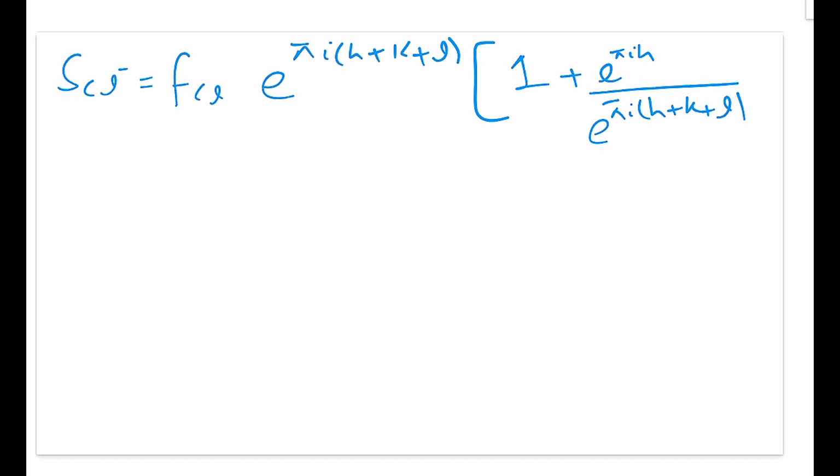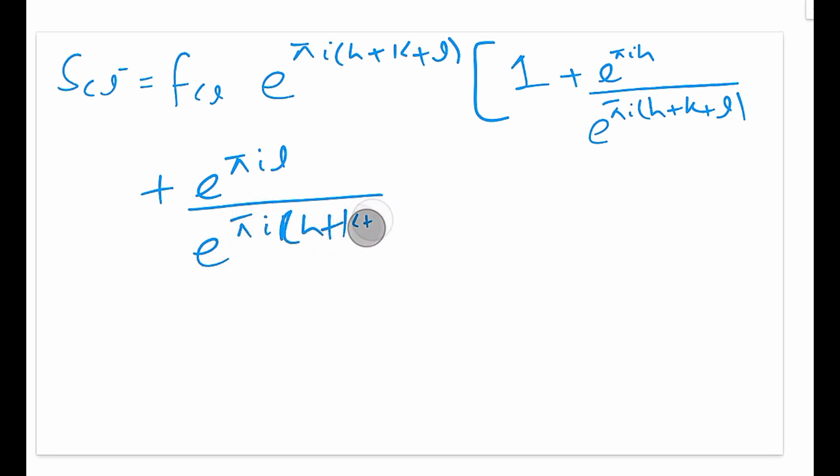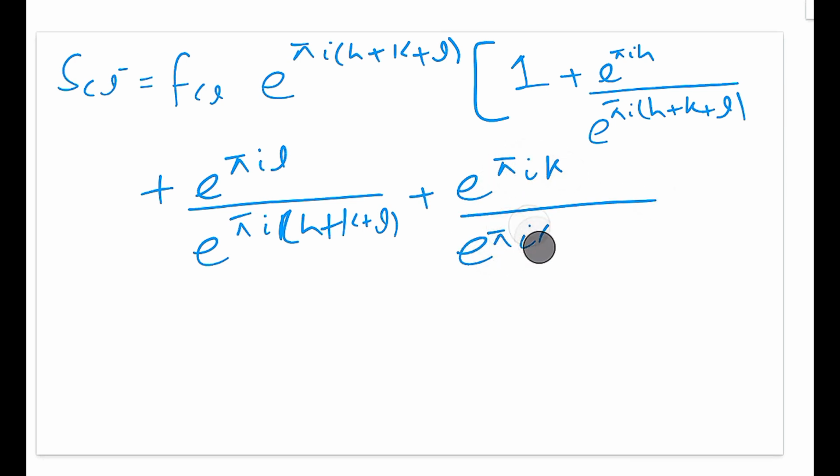So let's do it for the other ones: e to the power pi iota l divided by e to the power pi iota (h plus k plus l), and plus e to the power pi iota k, and that is divided by e to the power pi iota (h plus k plus l).